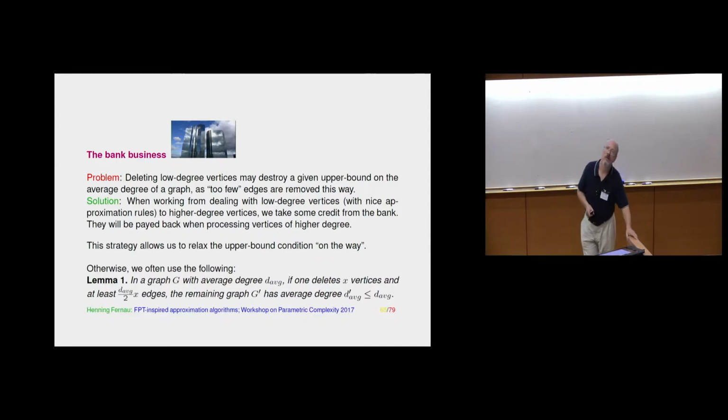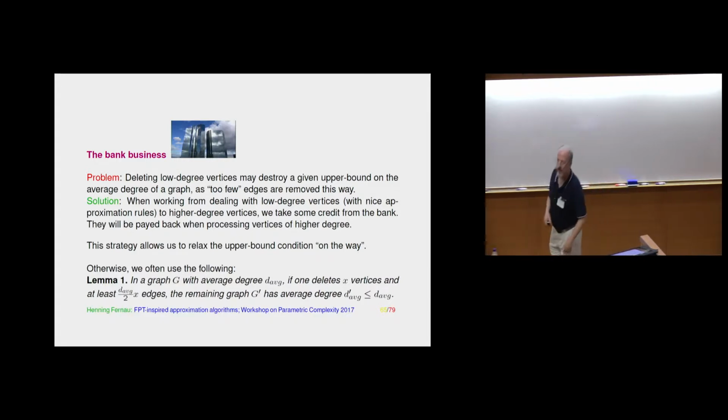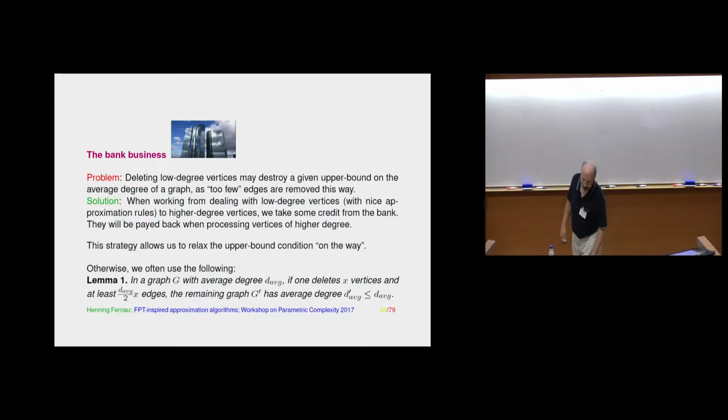Why? Because I want to maintain the invariant, sort of, that certain nice structural properties are true, so that I can apply certain things. If I have a sort of bank account of 0, so basically no credit taken, then I should have this average degree constraint maintained.